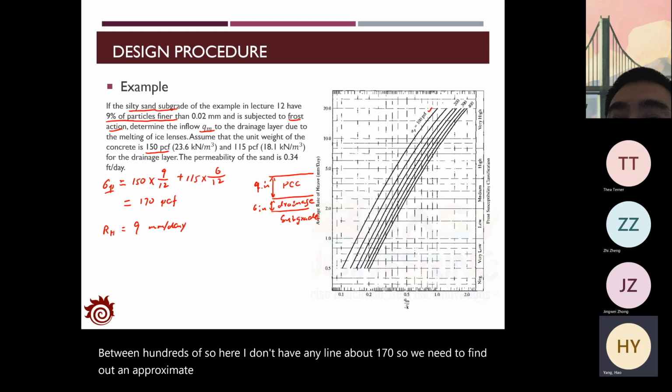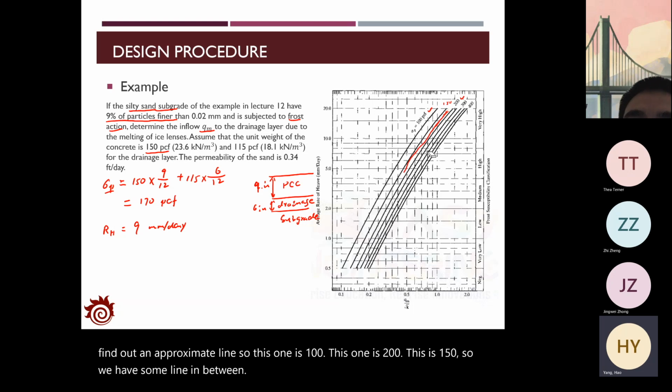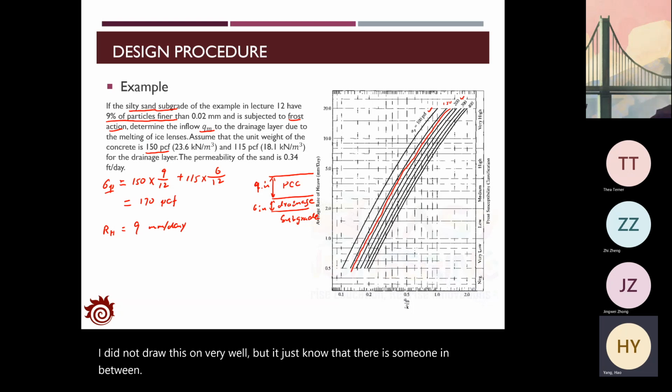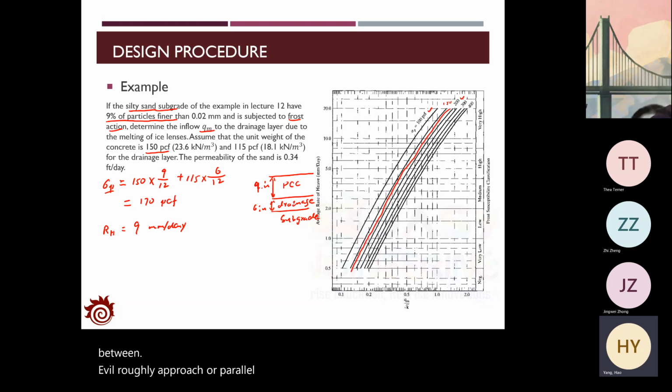This one is 100, this one is 200, this is 150. So we have some line in between. I did not draw this one very well, but you just know that there's one in between. It will be roughly parallel to the line on the left and the line on the right.